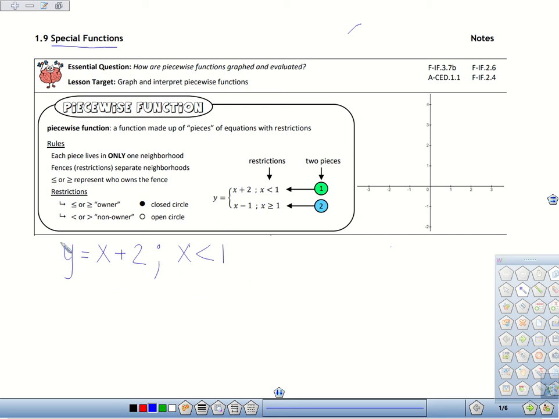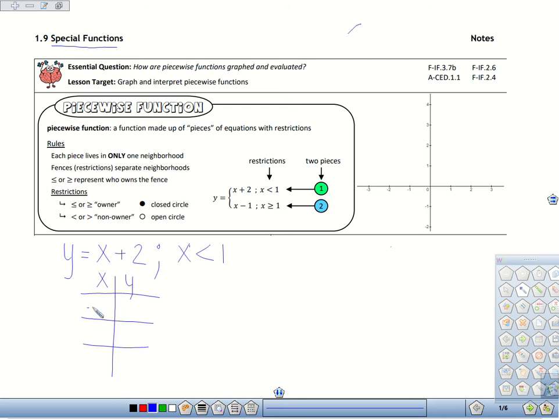So, we're looking at the function y equals x plus 2, where x is less than 1. Okay? The easiest way to go about doing this is to make a table, in my opinion. So we make a table, and we want to come up with a few values that are going to be useful to us. I know that all my x values are going to be less than 1, so I'm going to come up with a few that are less than 1.